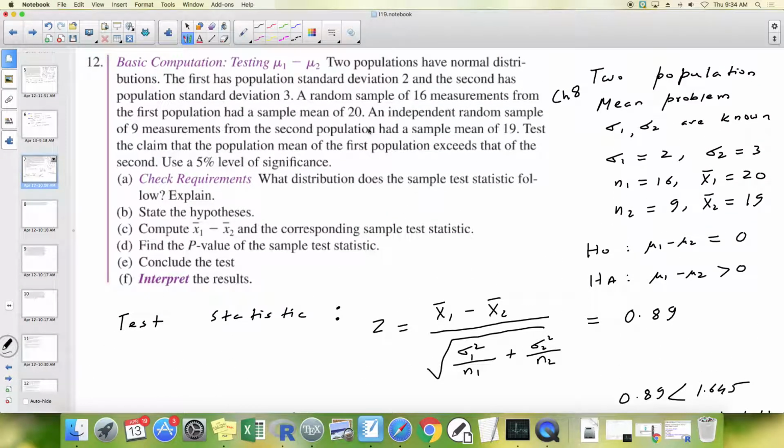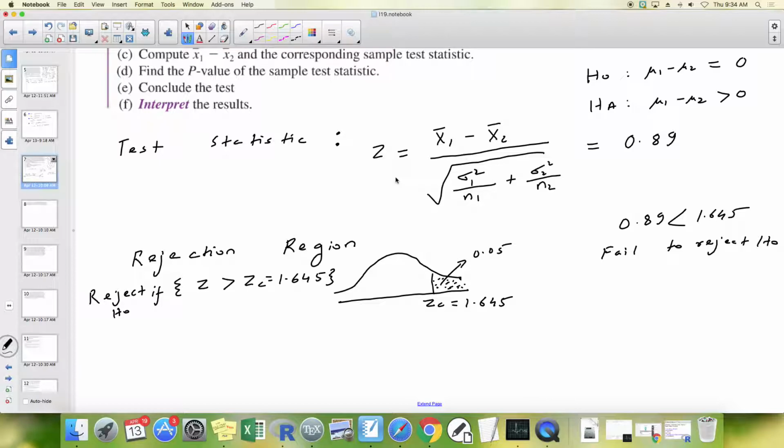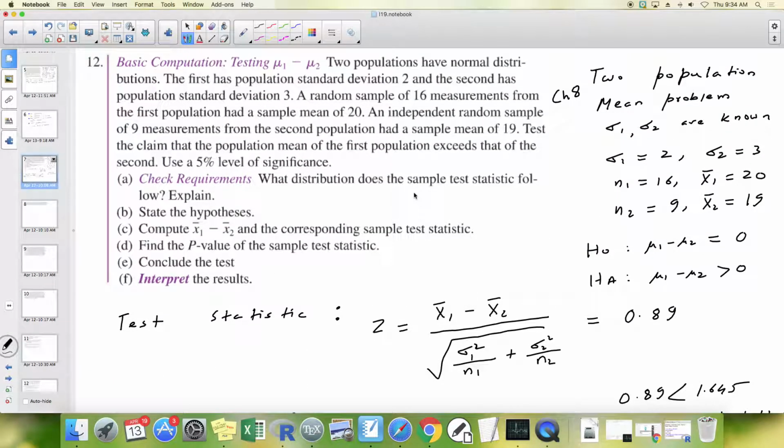Okay. All right. So yeah, that's it. We are kind of done. So if you have to interpret the results, if you fail to reject H naught, that means you kind of accept this. Like you don't say you accept, but you kind of do.